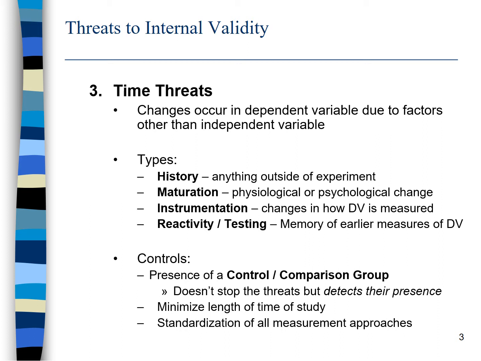So instrumentation means if we change how we're measuring our dependent variable, if we change the survey, or if we're using a biological or physiological measurement and change how we do it, or if we have different researchers collecting that data, we have to be careful because there may be contamination introduced by simply how we measured our dependent variable.